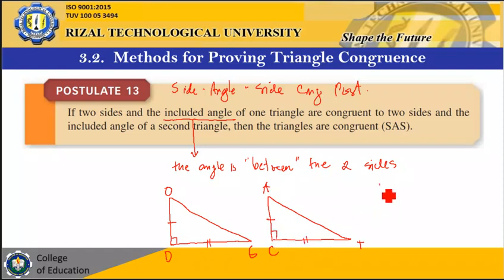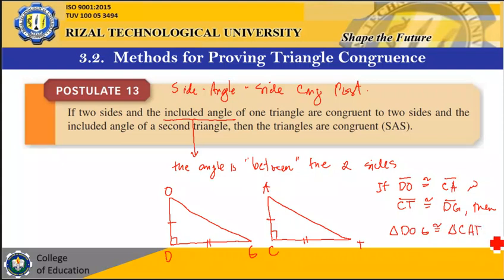So if segment DO is congruent to segment CA, and segment DG is congruent to segment CT, then triangle DOG is congruent to triangle CAT by SAS, side angle side congruence postulate.